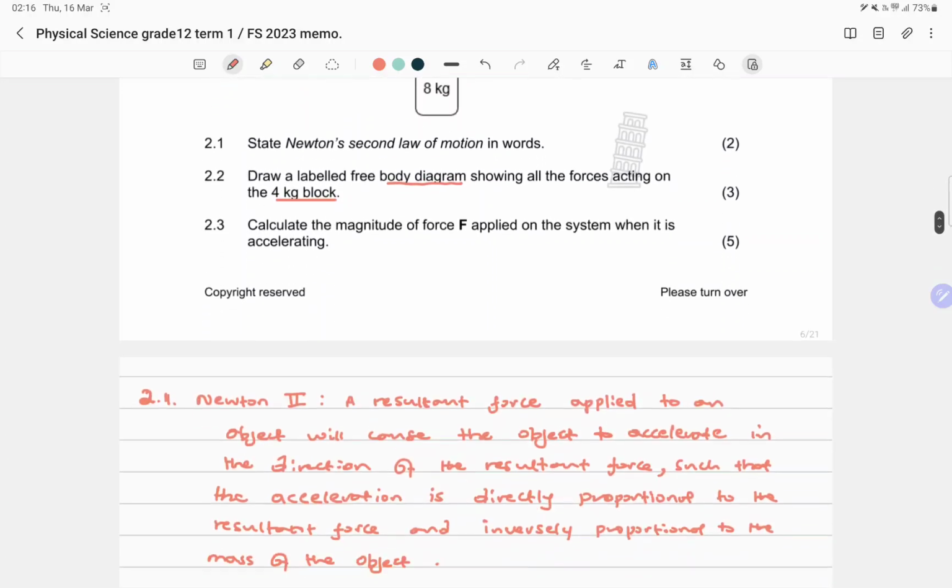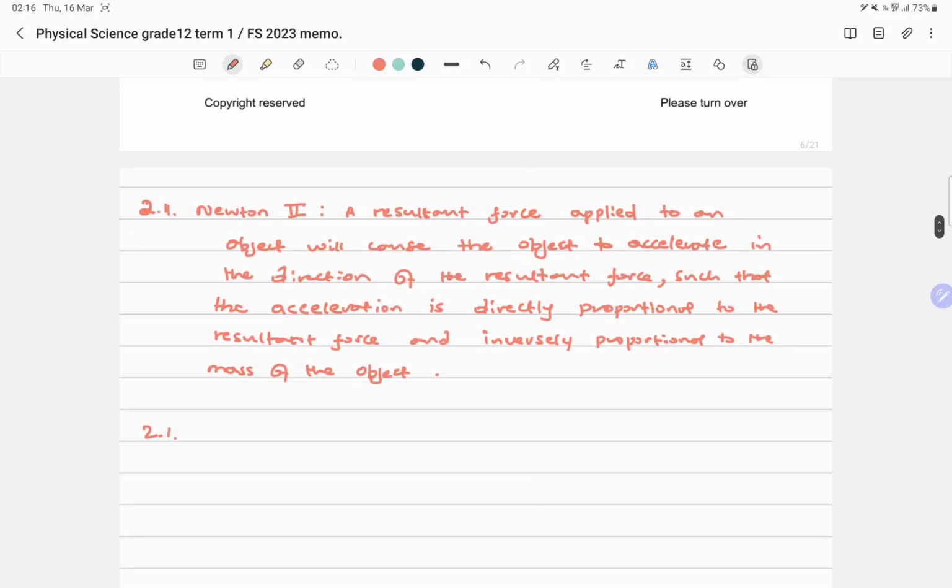So that's fine. The 4 kilogram block, we know that there's about 3 forces acting on it. It is the applied force acting upward, okay? So we can just say that one is not quite straight up. So we can say this is the applied force.